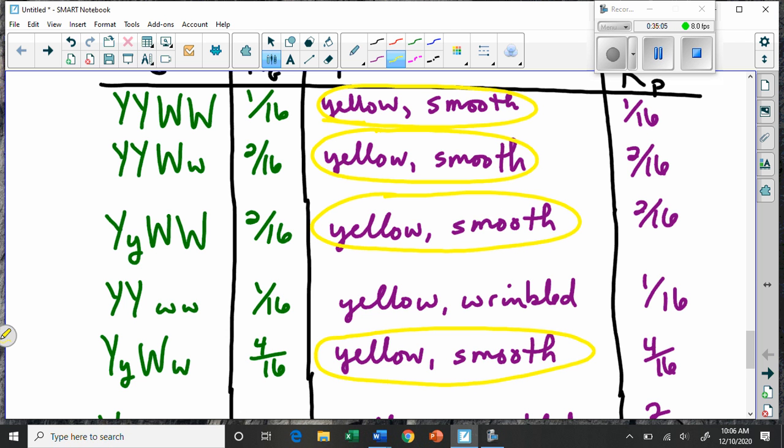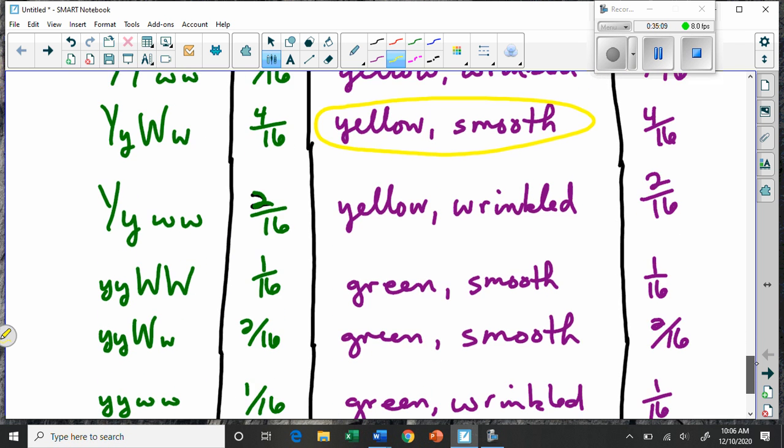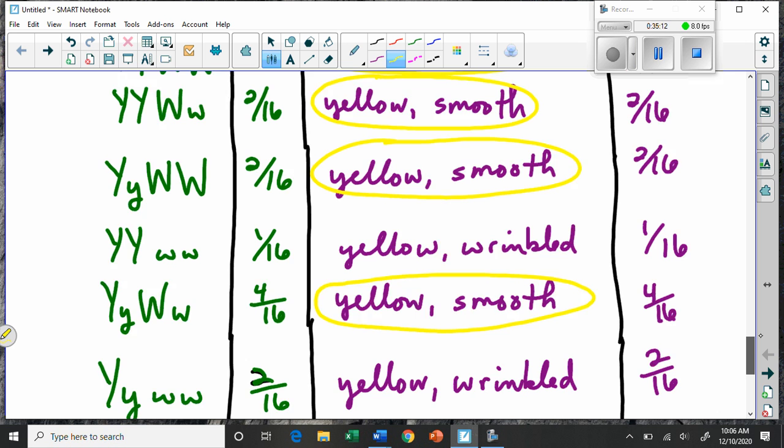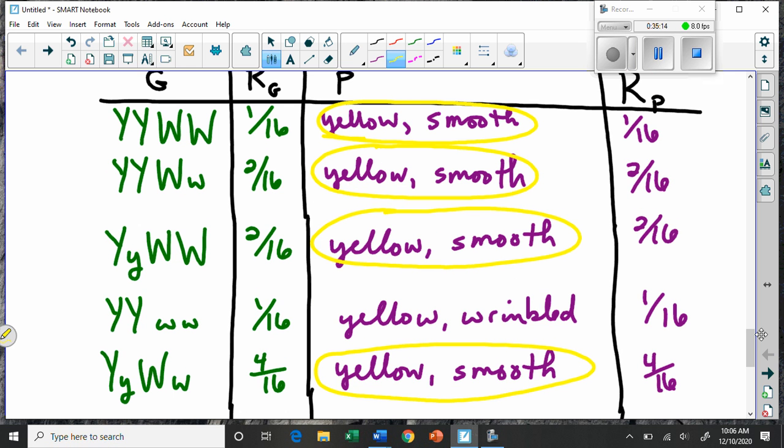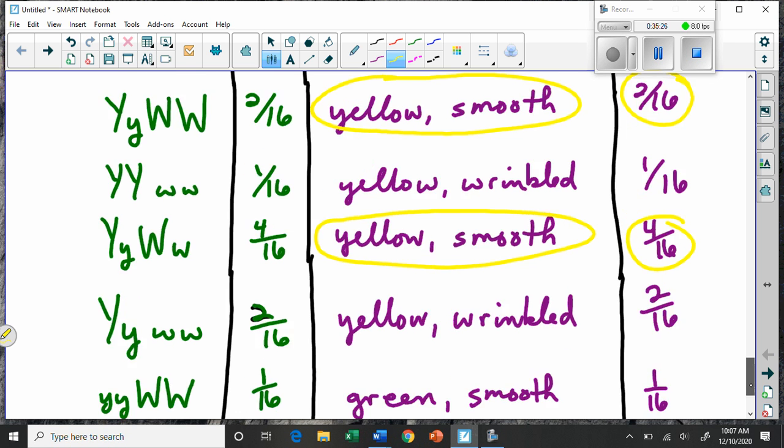There are 4 different genotypes that produce the same phenotype. I don't see yellow and smooth anywhere else. So I have to add up 1/16, 2/16, 2/16, and 4/16. And I believe that will be 9/16, right? So 9 out of 16 will be yellow and smooth.